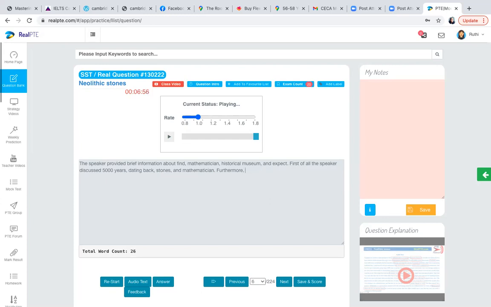Just furthermore, and then you put your keywords, the lecture also mentions, and you put in your keywords, symmetry, possible, nature, mathematics.